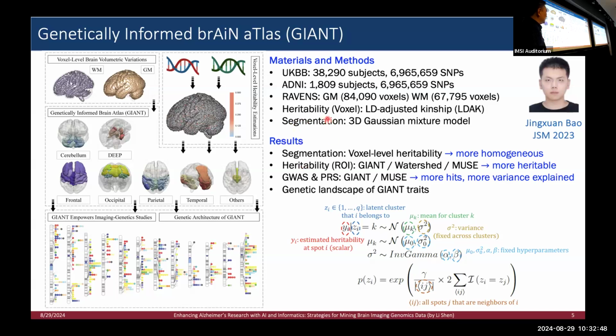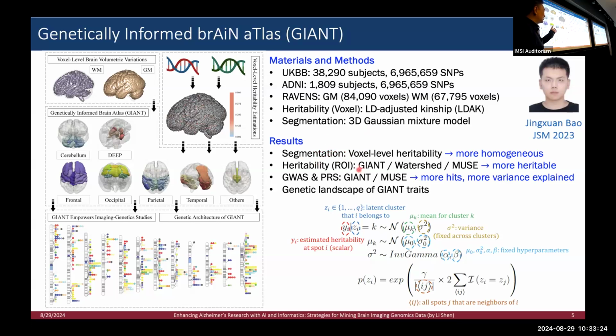And then we have all these voxel-based measurements, gray matter, white matter, a lot of voxels, and we did heritability analysis at the voxel level using LDAK, and then you can segment this heritability map, right? We use this 3D Gaussian model. So if you look at the segmentation result, the regions we defined at the voxel level are more homogeneous, and you can also calculate the regional level heritability.